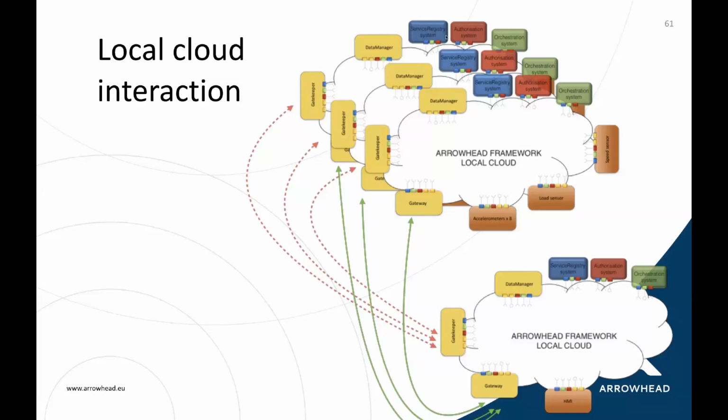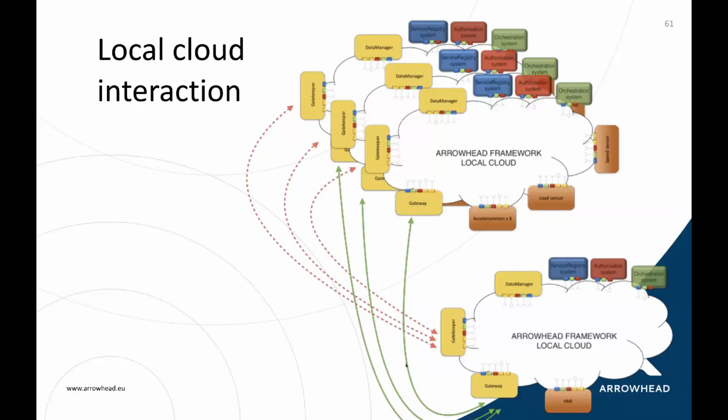Once that's done, the gateways will actually have where the other local cloud is located, and these gateways will have the information on which is the service to be consumed from this local cloud and how that can be transferred to, for example, an HMI in the lower local cloud.